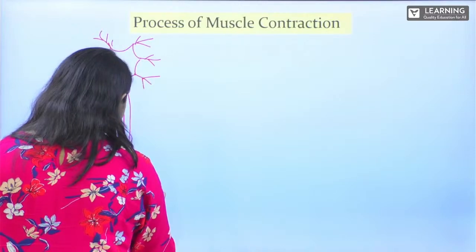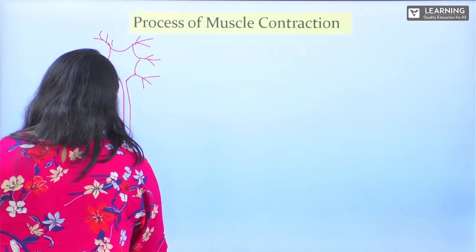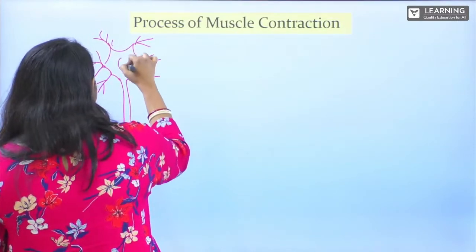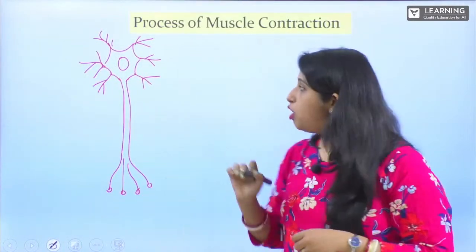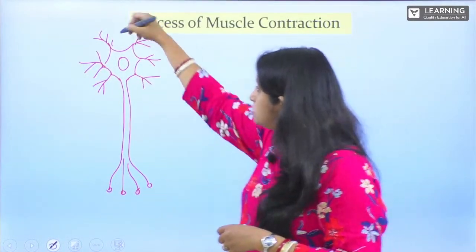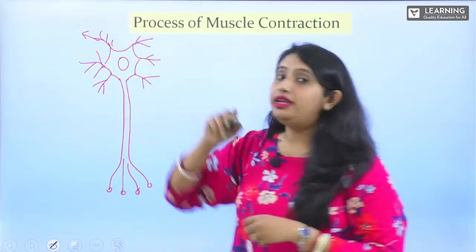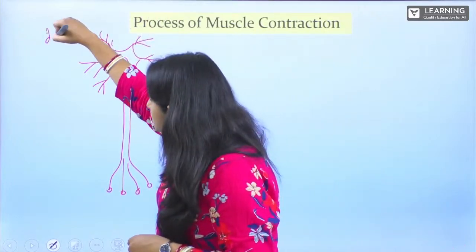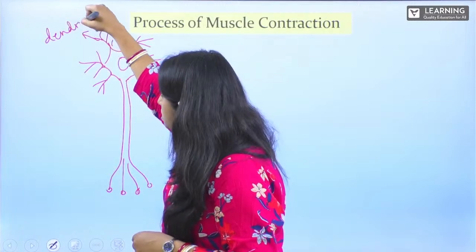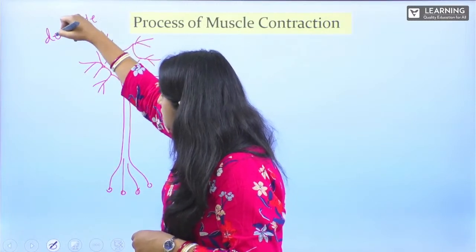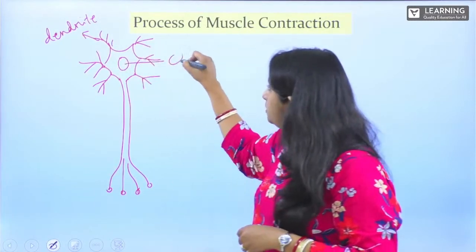This is how a neuron looks. This is the axon terminal, and this is the cell body. And this is the dendrite. This is the cell body.